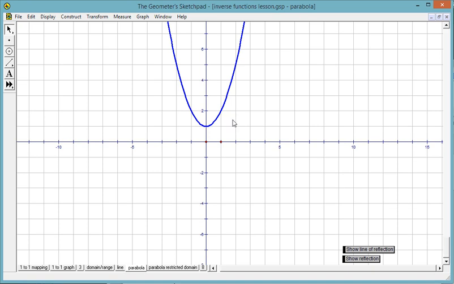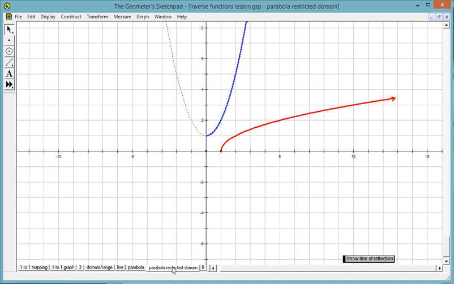If I just use the positive half, where it's symmetrical around that point, this side is the same as this side. If I just use the right side, then it will be a one-to-one function.